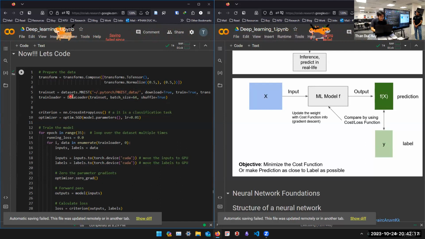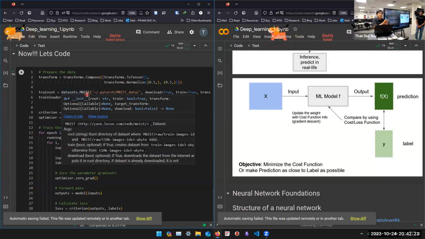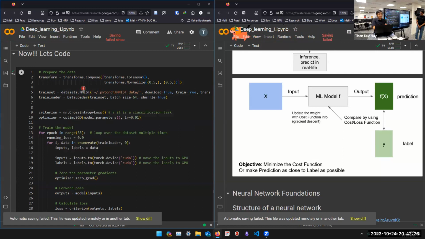You can see datasets.MNIST, so it is already defined inside the PyTorch library. We just call the function. This is an example so that we can introduce you to the world of deep learning.